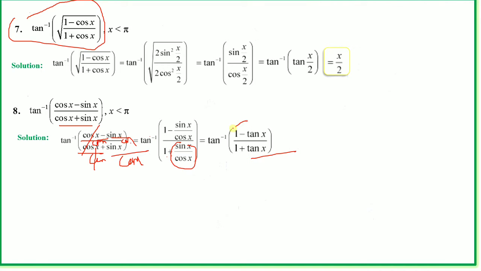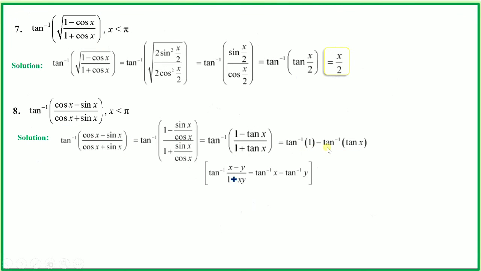Now this is an identity in inverse trigonometric functions. I tell you how we get tan inverse 1 minus tan inverse tan x, because of this formula: tan inverse of (x minus y) upon (1 plus xy). This we get from tan inverse x minus tan inverse y.